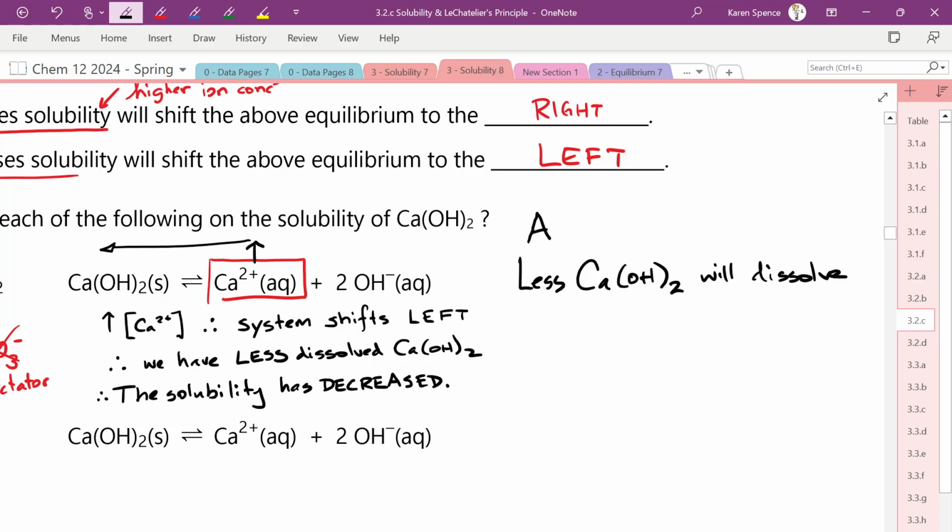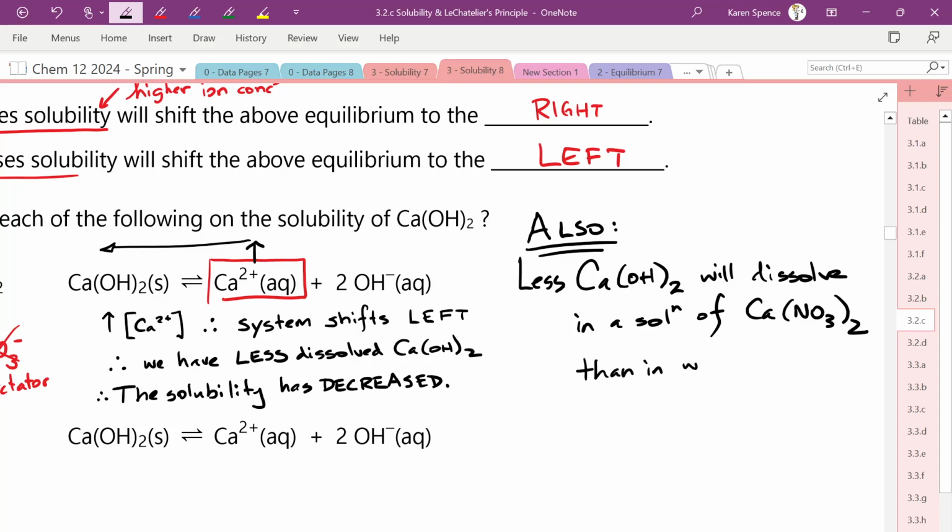I should put also: less Ca(OH)2 will dissolve in a solution of Ca(NO3)2 than in water. I'm assuming the volumes are the same, because it's already got calcium there. Some of the rooms are already taken, if you're thinking about the hotel analogy.